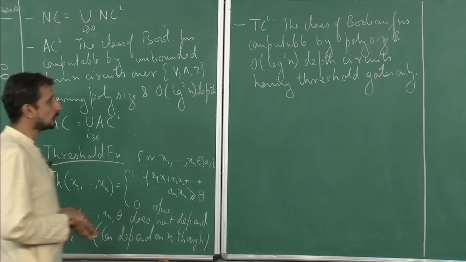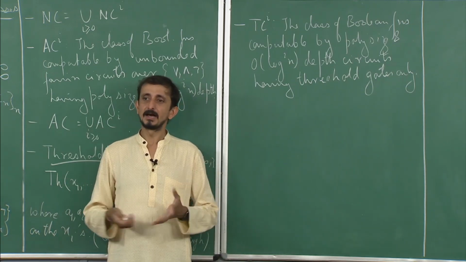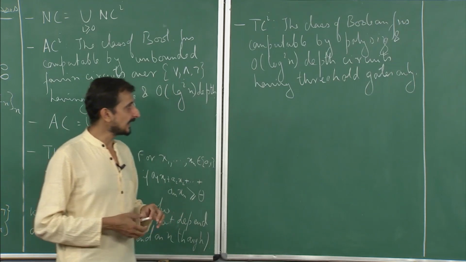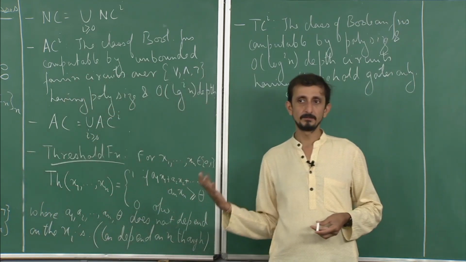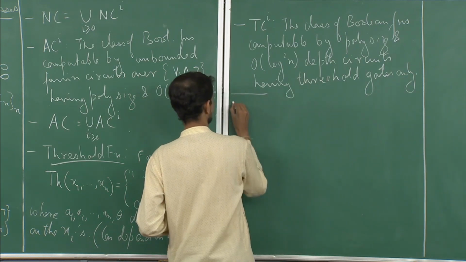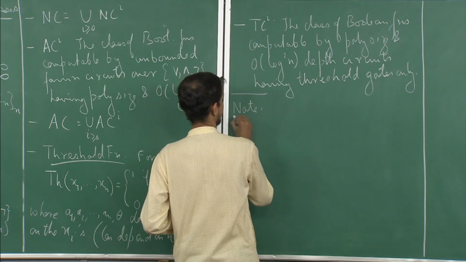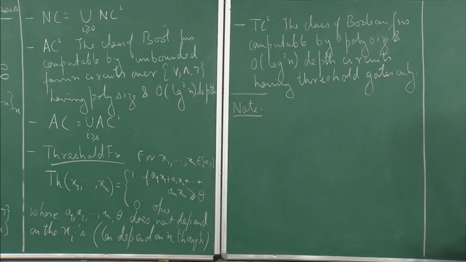Now you might be wondering what about other gates, what about AND or NOT and these other basic gates. The point is that any of those gates can actually be simulated using a threshold gate. We can actually see that. For example, how would you simulate an OR gate using a threshold gate?